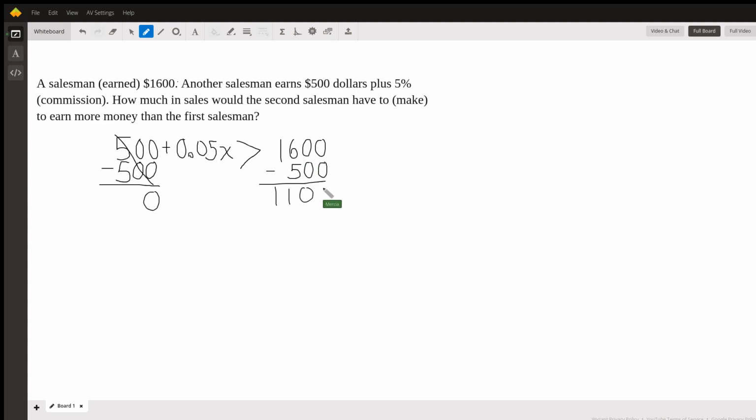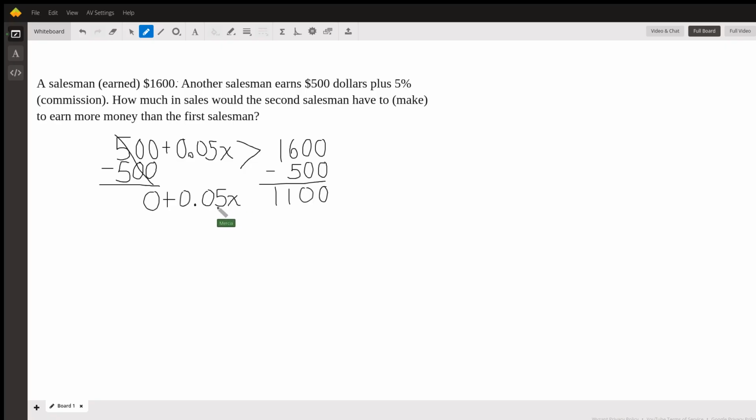Okay, so I'm looking at now just having 0.05, 5% of, meaning to multiply. 5% of a value.